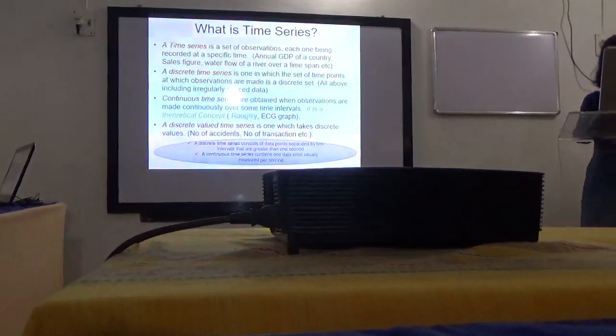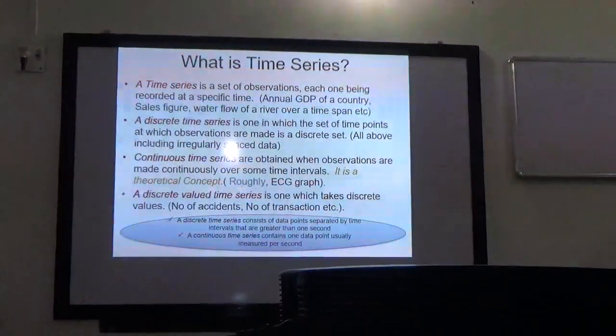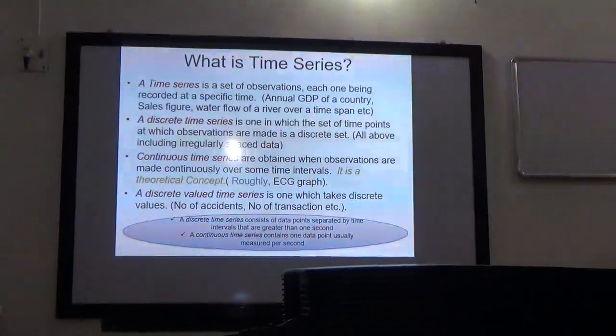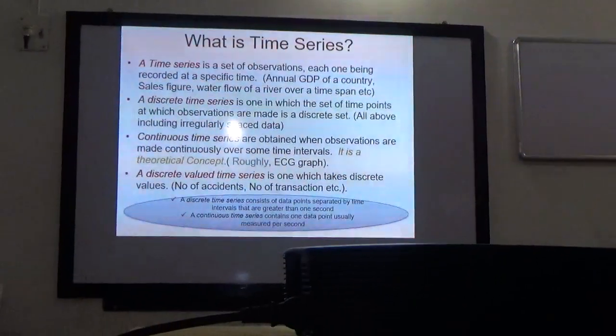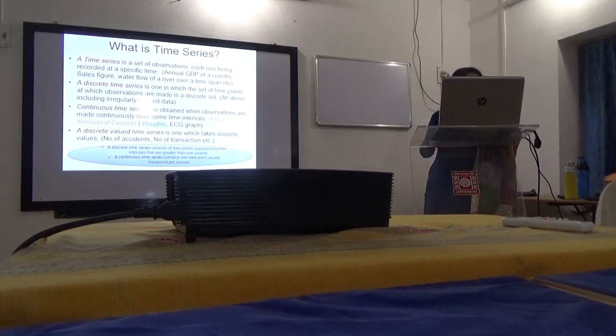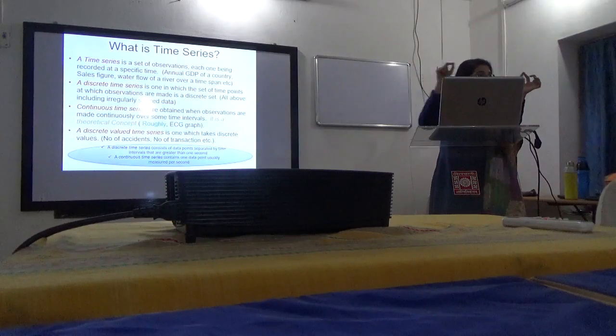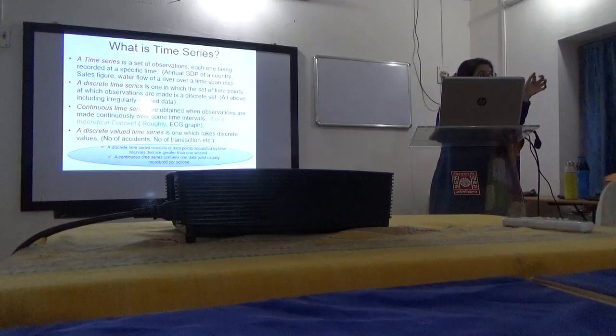So, if the spacing is not equal, you will not call it time series? No, it is a time series, but the analytical part will be a little difficult. You will have to use some kind of interpolation so that your analysis is smoother. You will have to remember one point, that when I am drawing the time series, we have a time frame which is distributed uniformly. Loosely speaking, it is time series data.